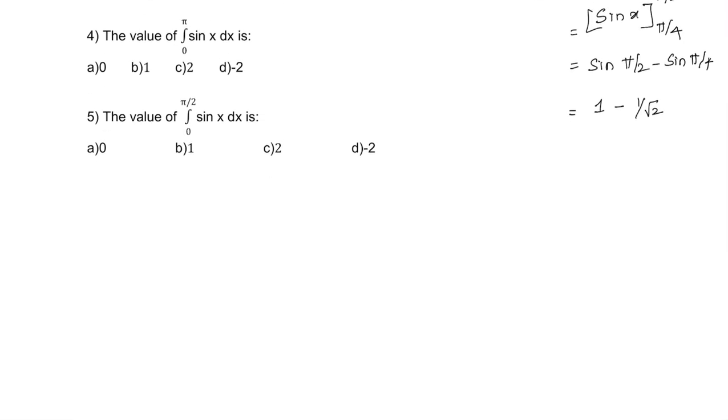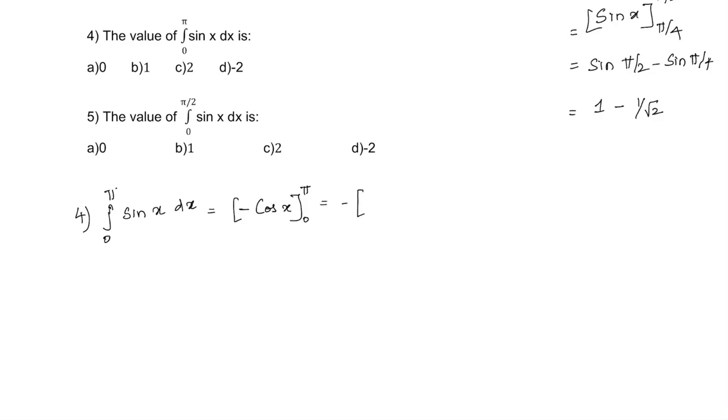Question number 4. The value of integral 0 to pi sin x dx. Integral 0 to pi sin x dx is equal to minus cos x, limits 0 to pi.